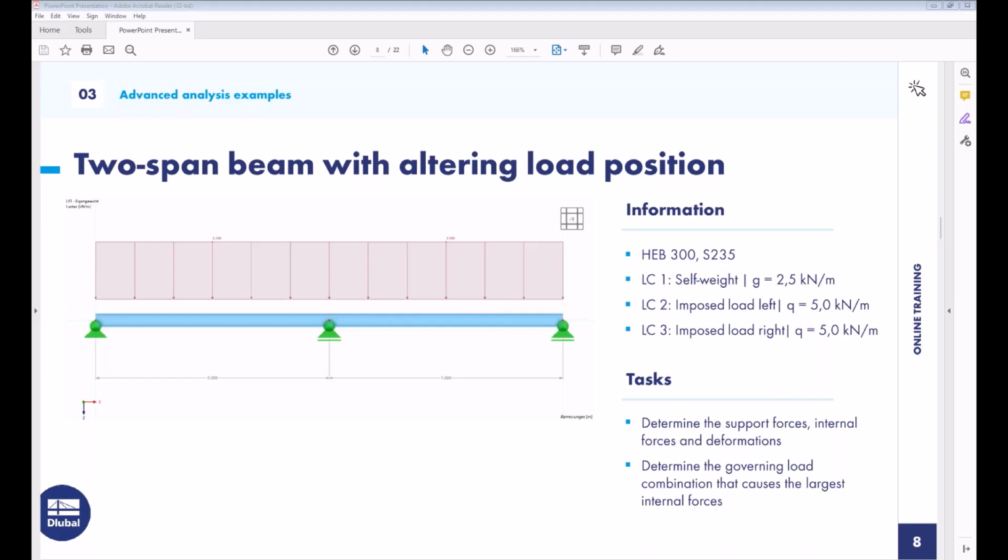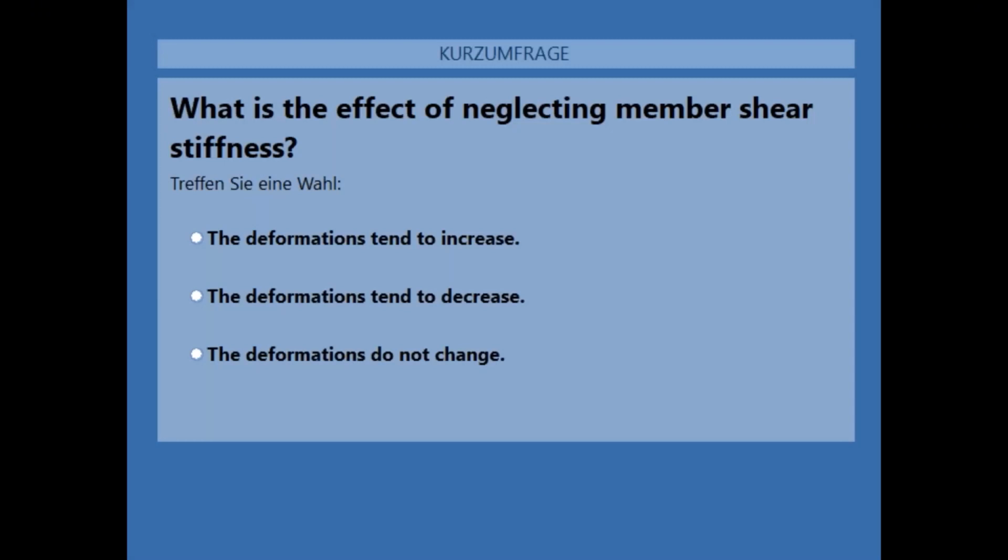What is the effect of neglecting member shear stiffness?